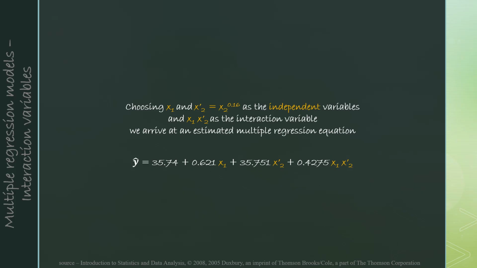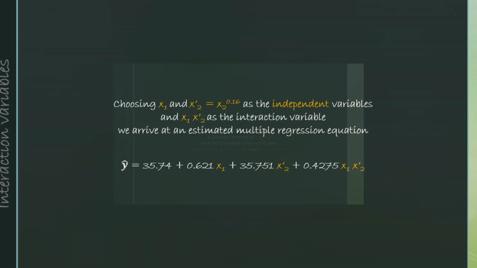We use the term estimated multiple regression equation because we are estimating the model using a sample and not from the whole population. We will discuss the estimated model and its estimated coefficients soon in detail.